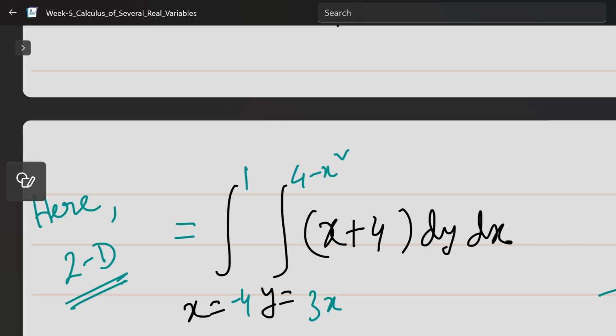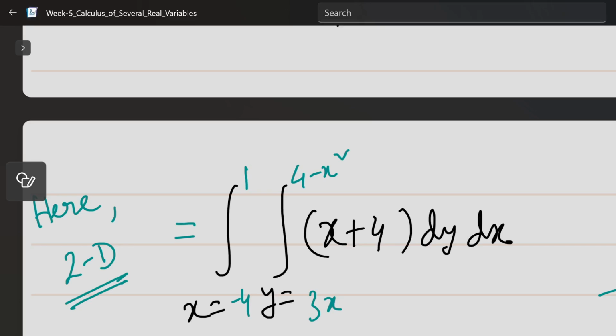If you take a horizontal strip, then in region K you have one limit for y and x, and in region L you have another limit for y and x.